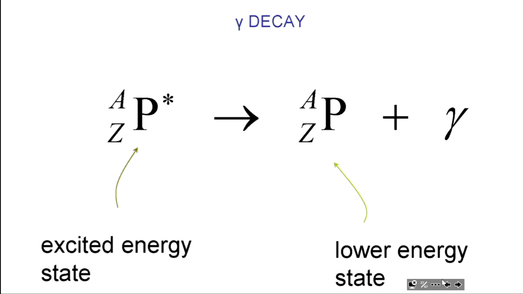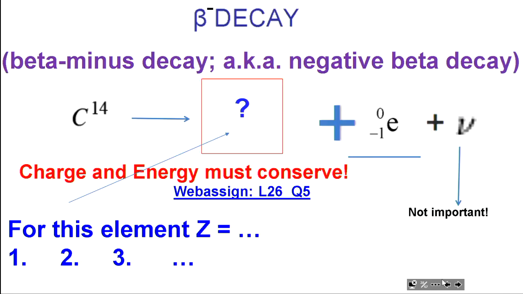First one, gamma decay, because the law of conservation of charge says charge before and after is conserved and mass before and after is conserved. So we have the same particle before and after. But it means that initially it was excited in a higher energy state, and then it goes to a lower energy state and emits a highly energetic photon.